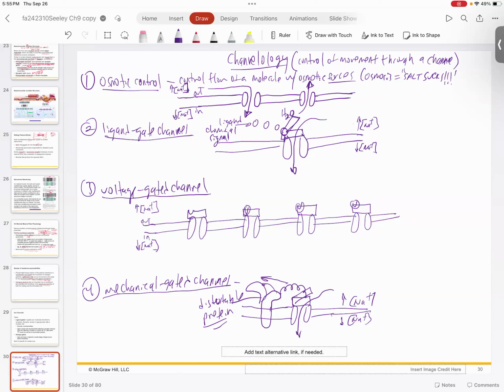Because of that, the disparity of positive charge basically gives us a membrane potential. So it looks slightly positive on the outside, slightly negative on the inside, creating a voltage. That's your membrane potential.